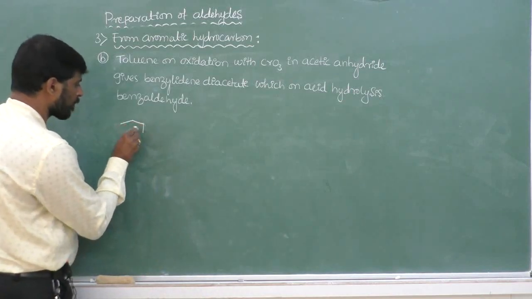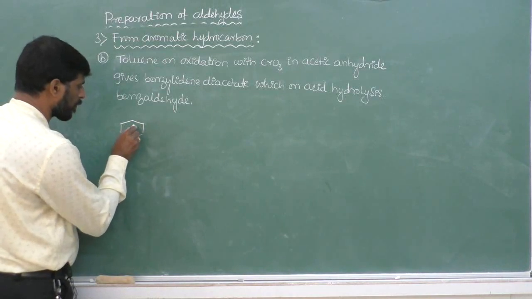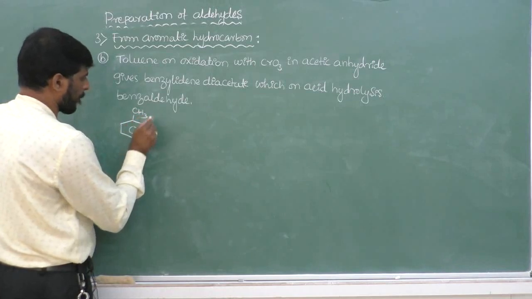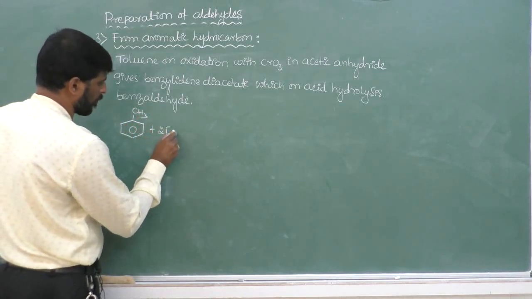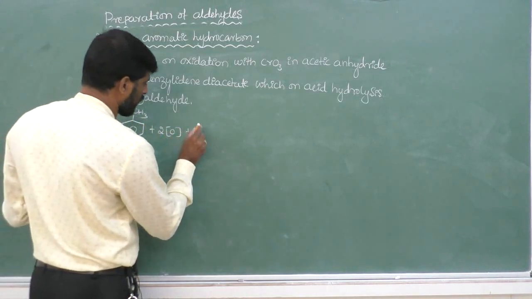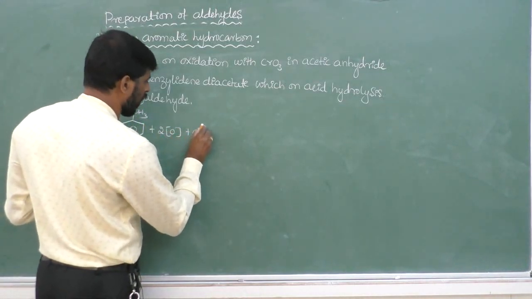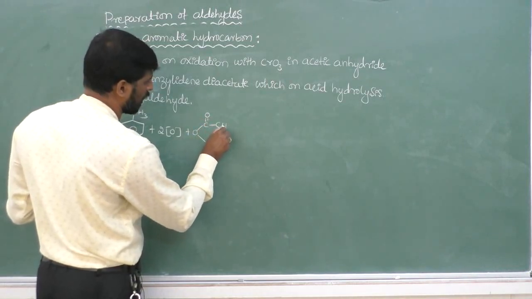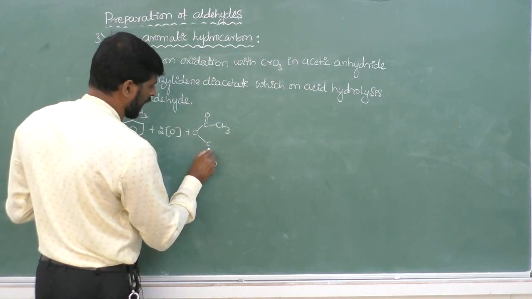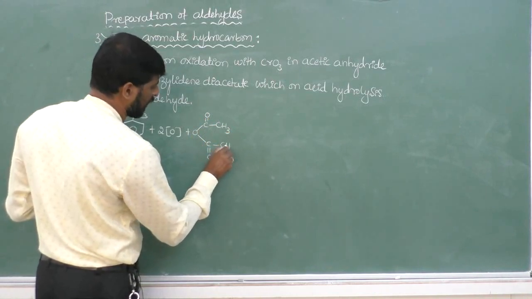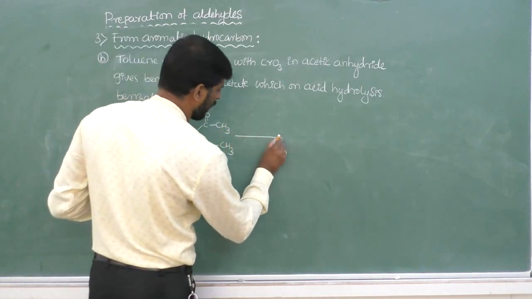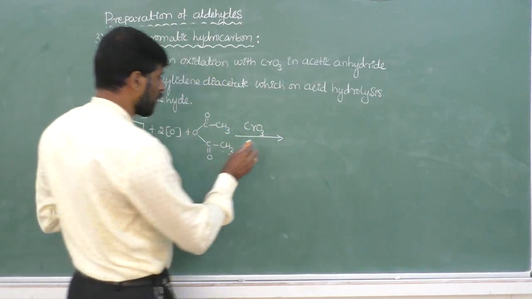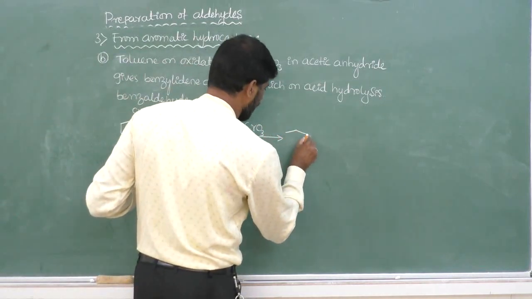Toluene, oxidation in the presence of acetic anhydride. This is nothing but the anhydride of acetic acid, acetic anhydride, that gives benzylidene diacetate.